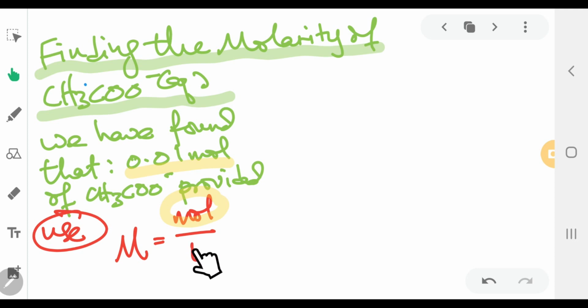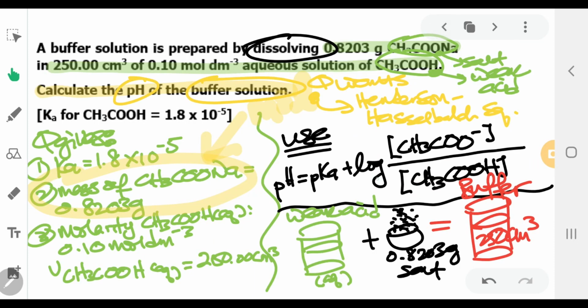Now, what about your volume? What is the volume that we need to use? Remember from the visualization that we have done from the question, a buffer solution is prepared by dissolving the salts into your weak acid. And then your weak acid's volume is 250 centimeter cubic. And this is going to be the volume for the buffer as well.